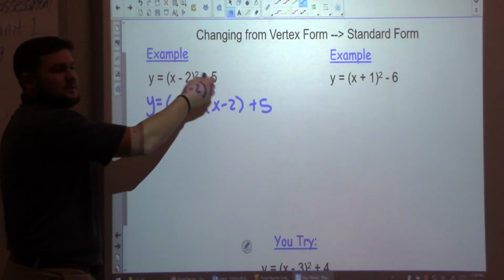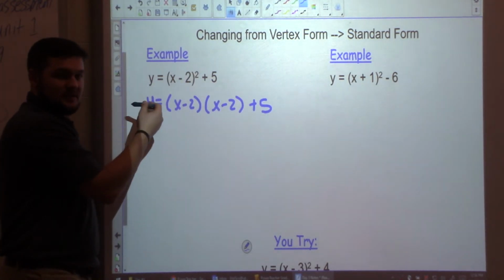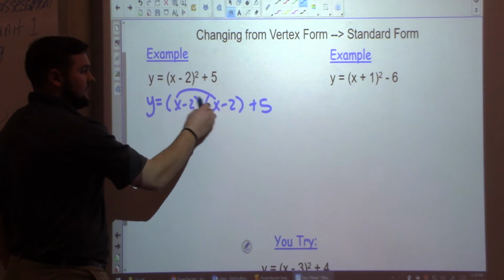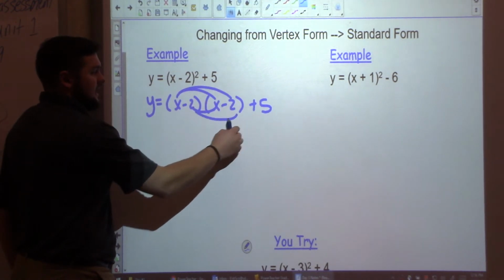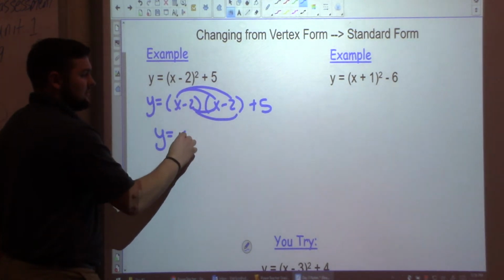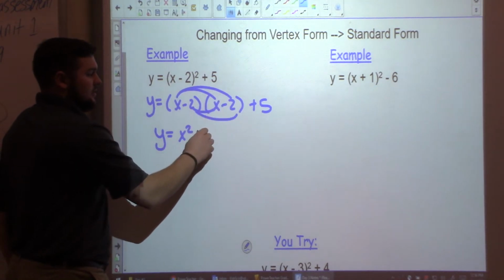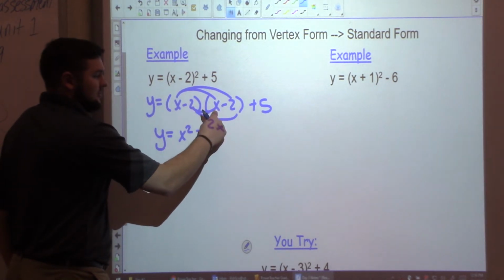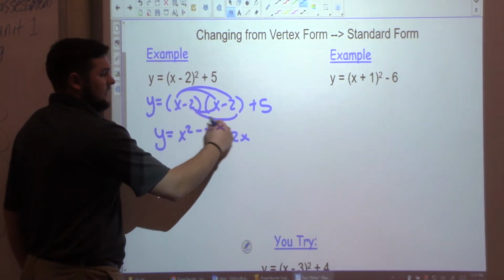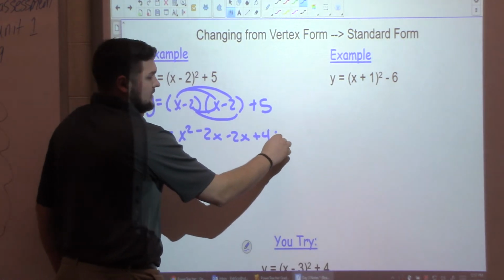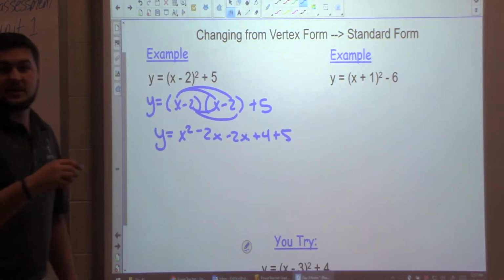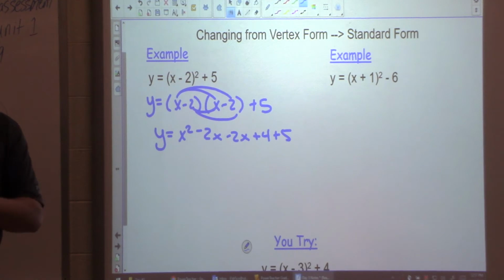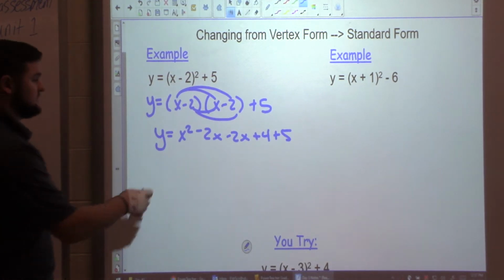No, do not distribute that squared. That's not what that means. So let's FOIL. First, outside, inside, last. y = x^2 - 2x - 2x + 4 + 5. We said once we FOILed, then we're going to go ahead and combine our like terms.